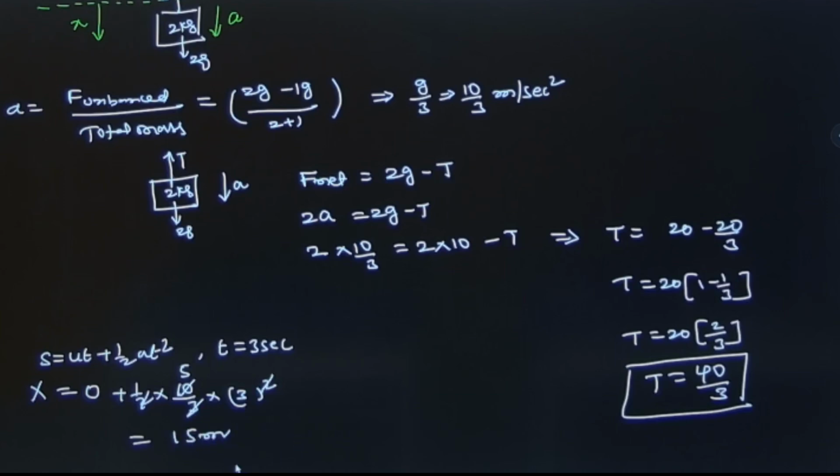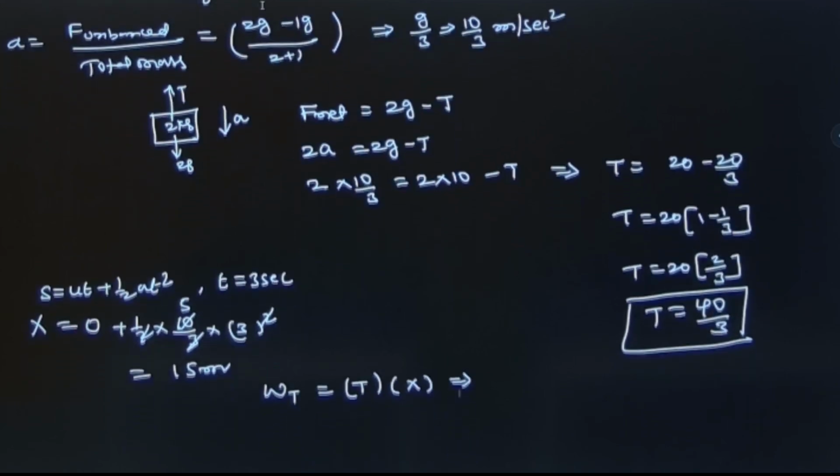So what is the formula for work done by tensional force? It is equal to tension into displacement. Can you say whether it is positive or negative? Tension acts upwards.